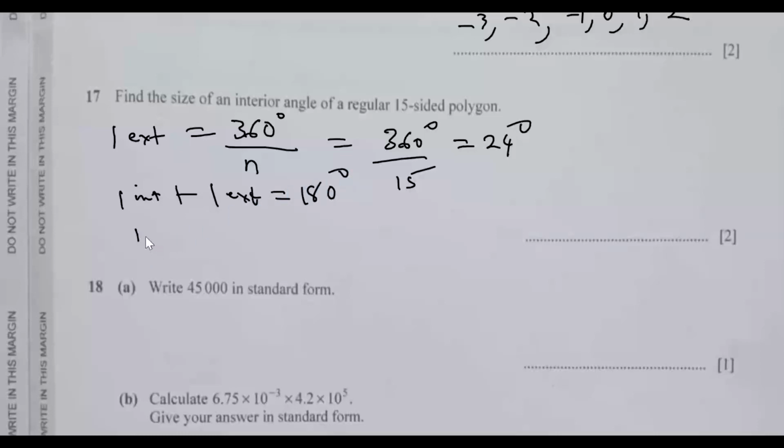So that means one interior angle will be equals to 180 minus one exterior angle, that will be 24 degrees. So if you take your calculator, do this, we are going to have 156 degrees. The next one is question 18.